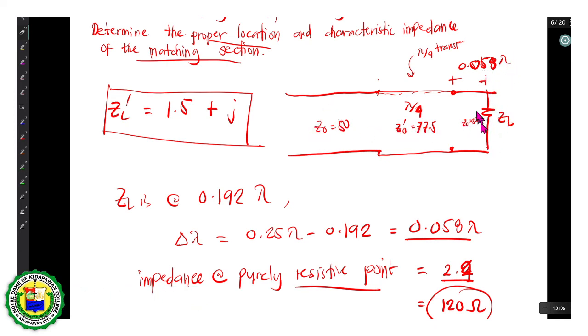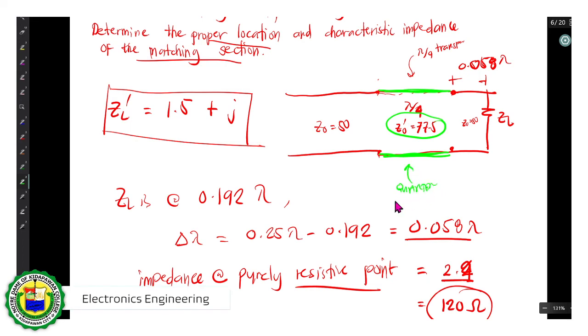So that is now our circuit. Let me color it green for our quarter wave transformer. Okay, so that's our second example for this Smith chart and matching our load impedances.